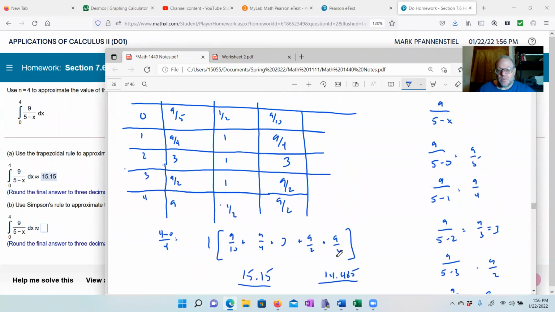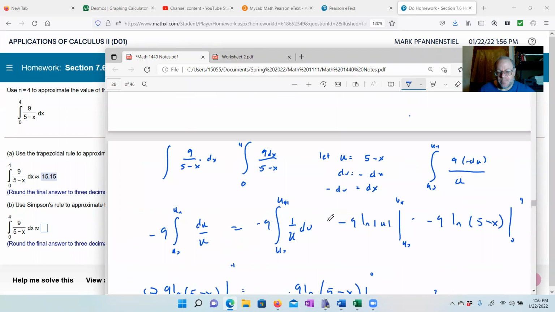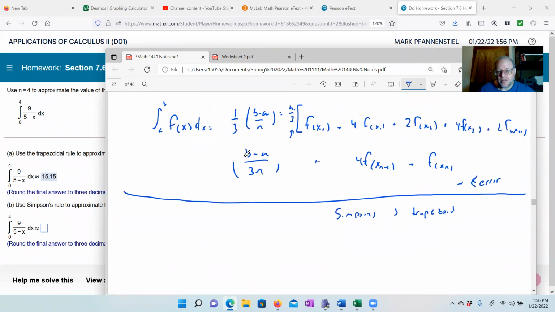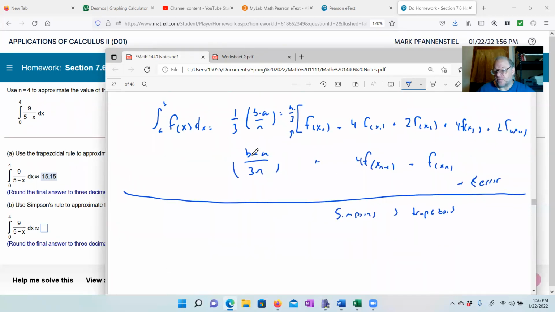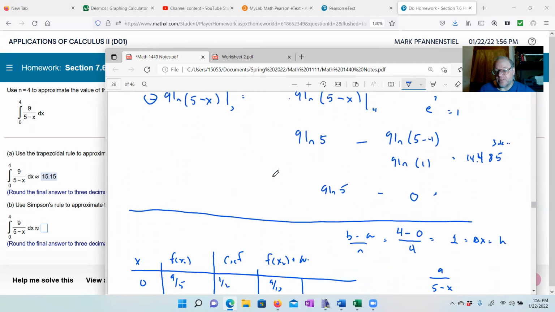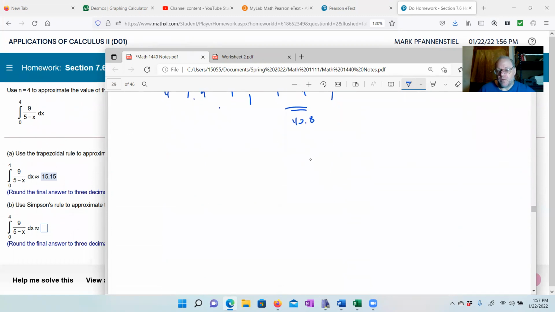And what was the first thing we had to multiply by? Right, we had to multiply by b minus a over n times a third. So b minus a over n, this 4 minus 0 over 4, that was just 1. So we're just going to multiply this thing by 1/3.